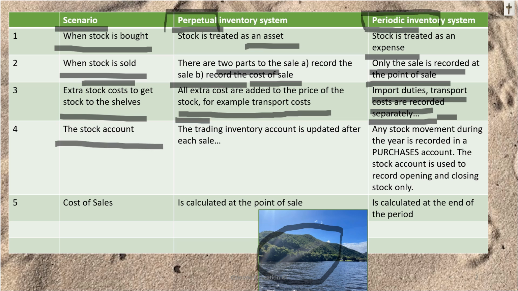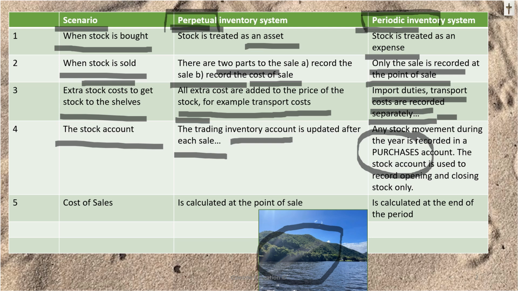In the stock account of the perpetual inventory system, the inventory account, the trading stock account, is updated after each sale. Any movement with regard to stock in the periodic inventory system is recorded in a purchases account.